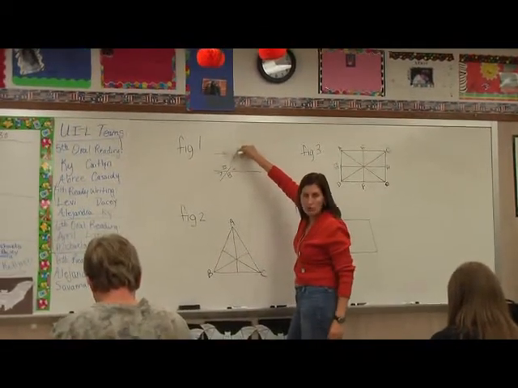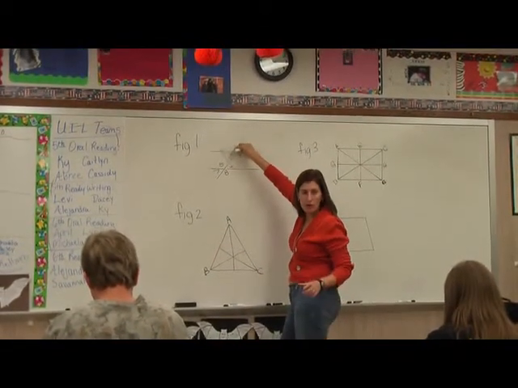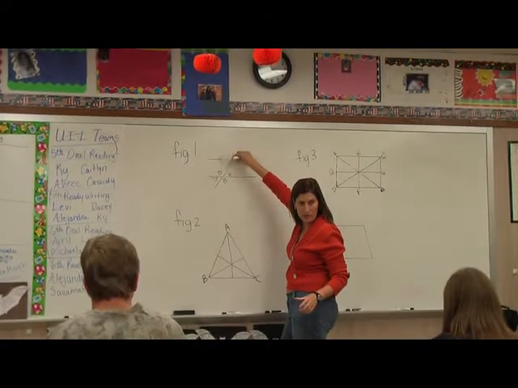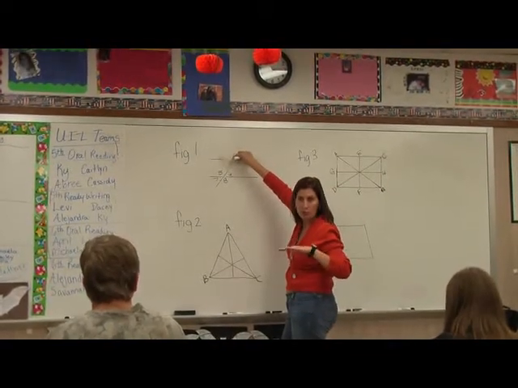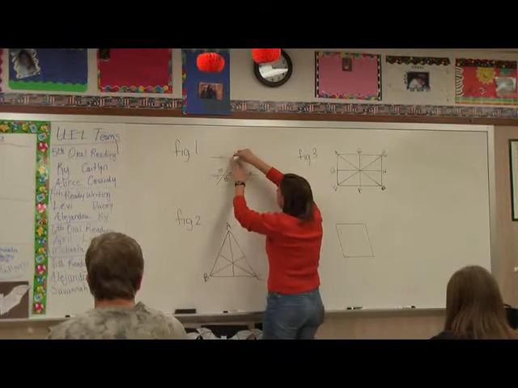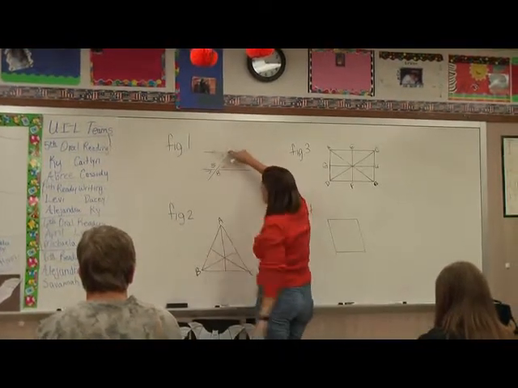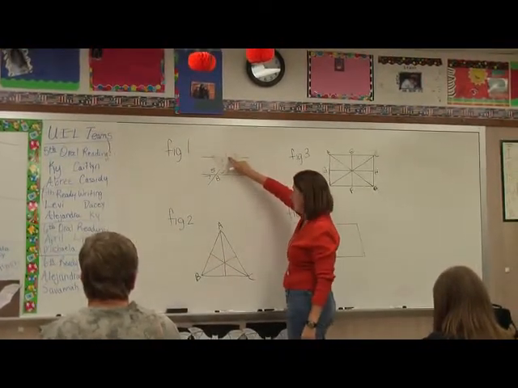So we have just proved that vertical angles are congruent because those lines are superimposed right on top of each other. Now, we can also prove the theorem of alternate interior angles.